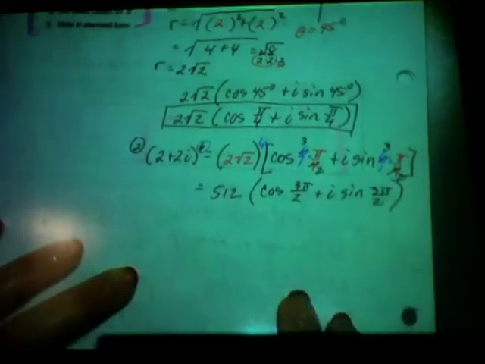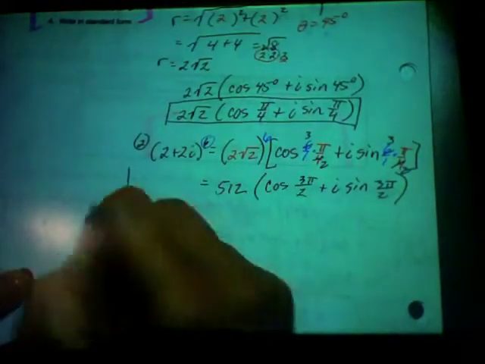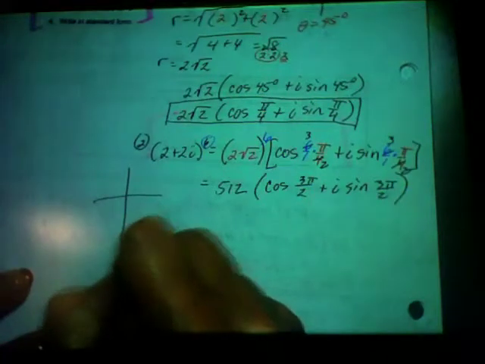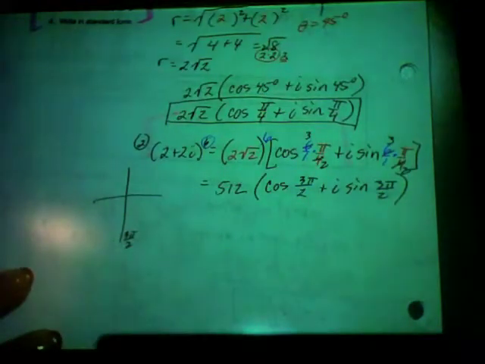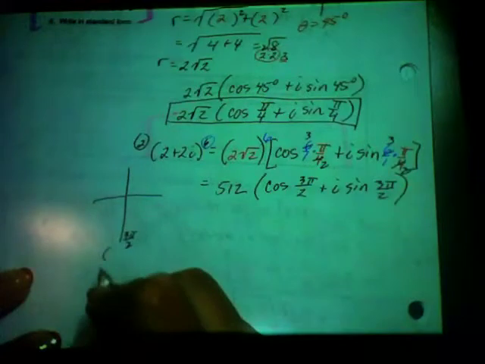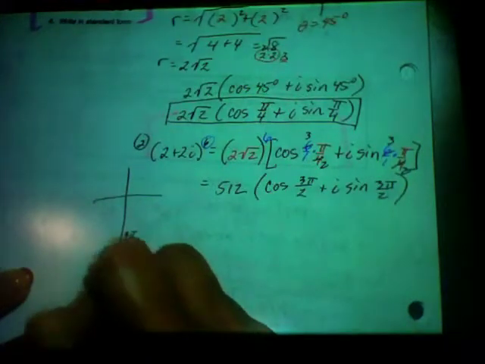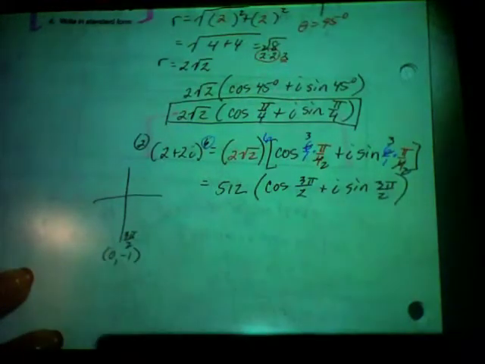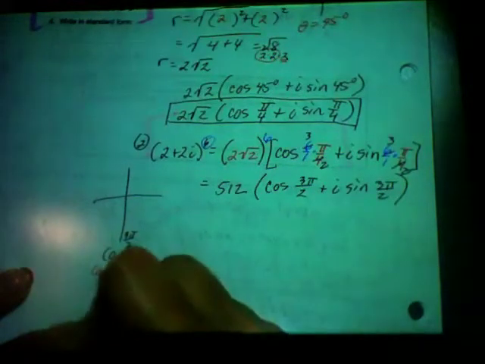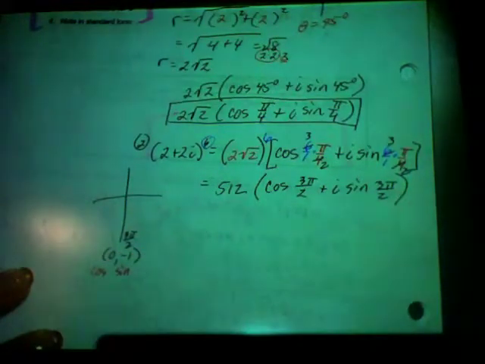Where is 3 pi over 2? Yeah, 270 degrees. It's one of our axes, isn't it? And what's that ordered pair here? 0, -1. And 0 is my cosine, and -1 is my sine in this particular case.